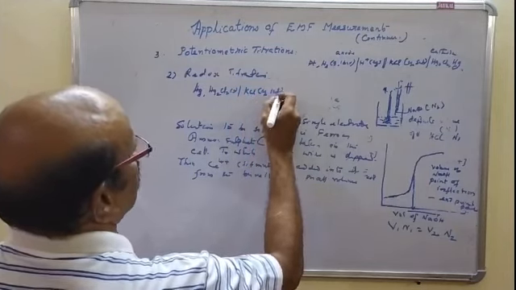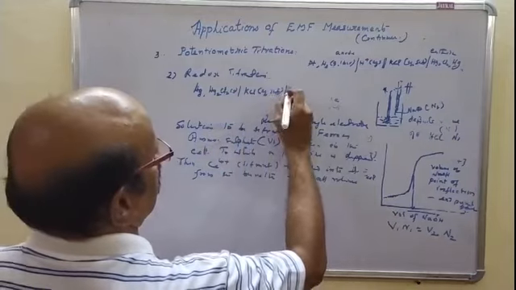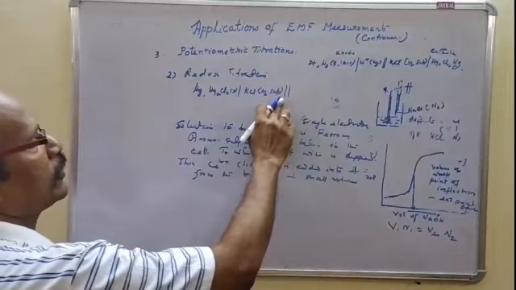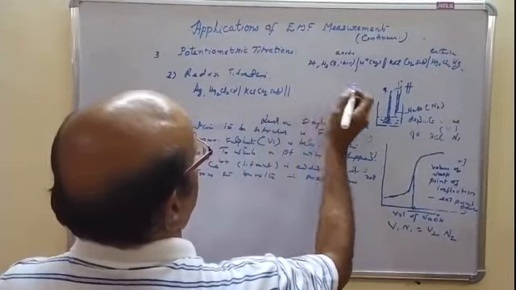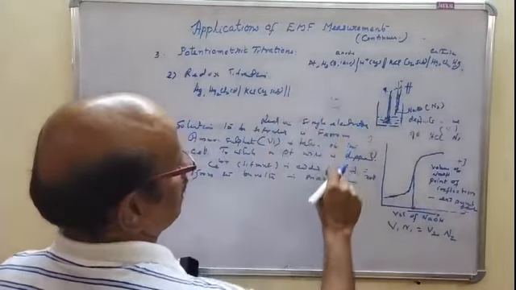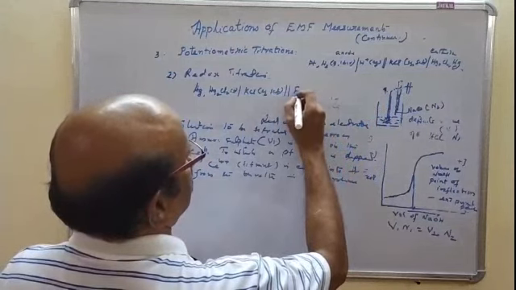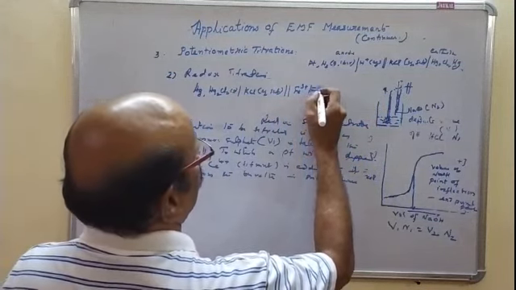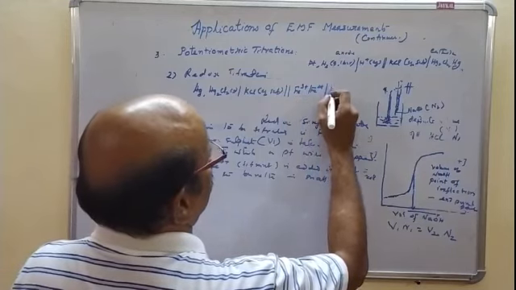This is the saturated calomel electrode. The double line indicates the salt bridge. Then it is connected to the redox solution, that is Fe3+ bar Fe2+, then platinum.